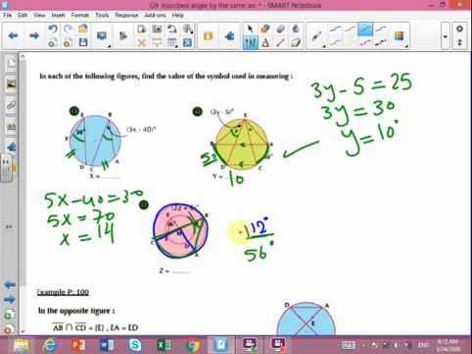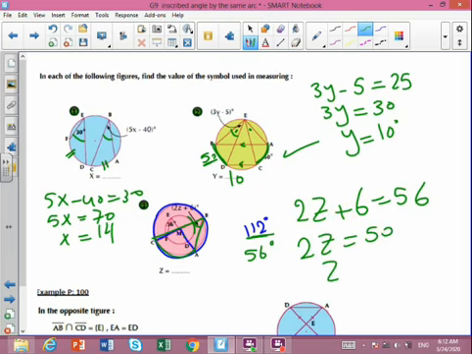Without getting the central, the two inscribed angles will be equal because they are concentric circles. So we make the equation 2z plus 6 equals 56. Take 6 to the opposite side with a different sign, so 2z equals 56 minus 6, which equals 50. So z equals 25 degrees.